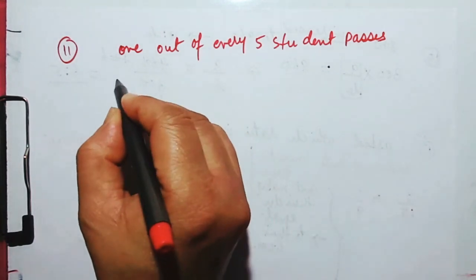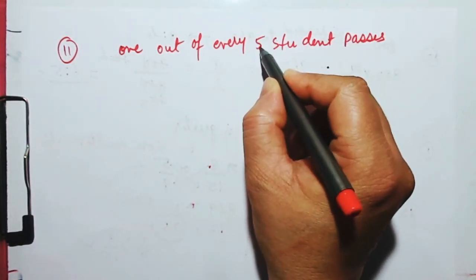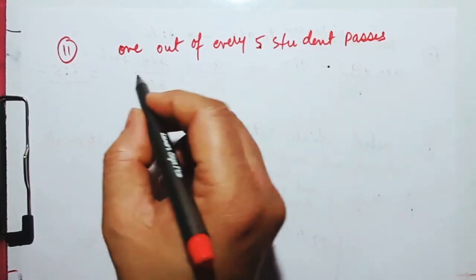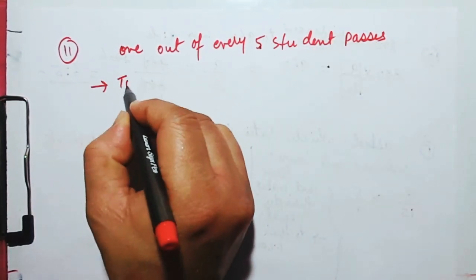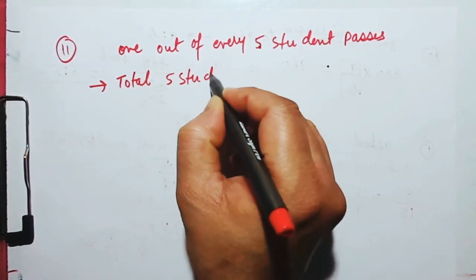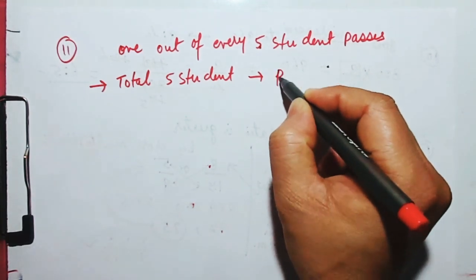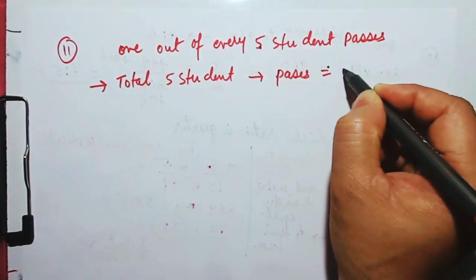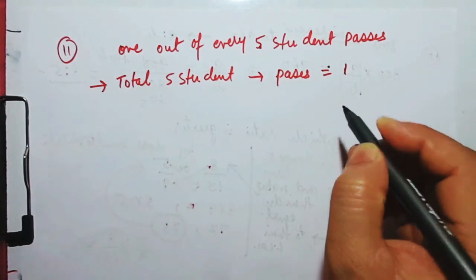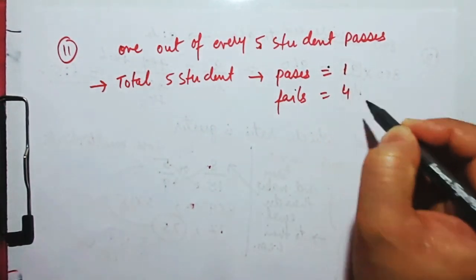This means out of every 5 means the total is 5. Out of a total of 5 students, how much passes? Passes is equal to 1. So how much fails? Fails is equal to 4.